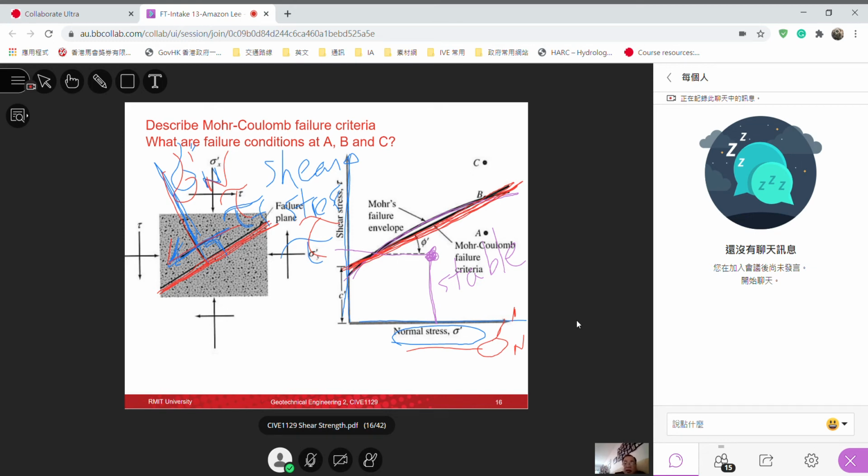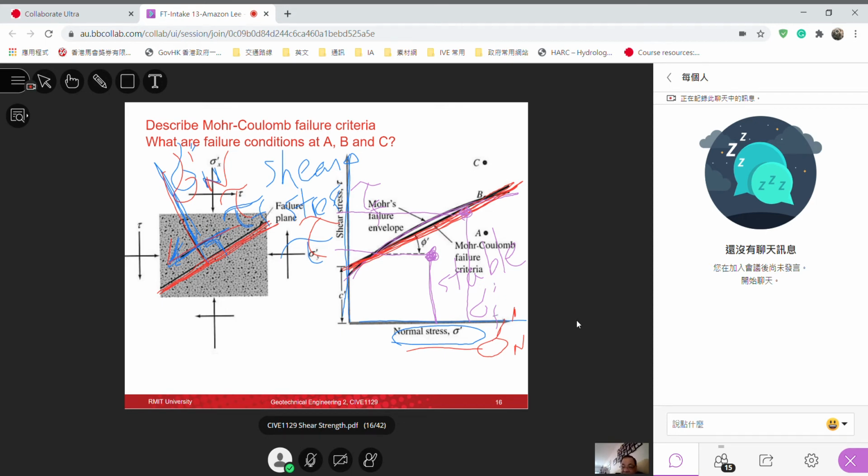Now if we have a pair of normal stress and shear stress that just makes the soil stay on the failure criteria, the red line there, then at that moment it is just at failure.